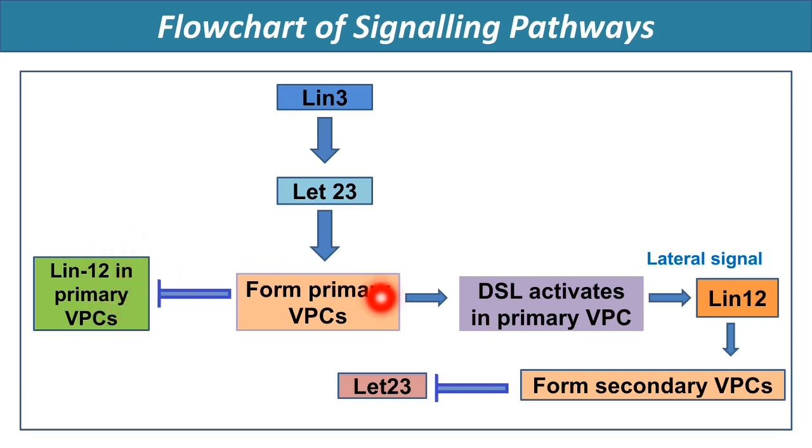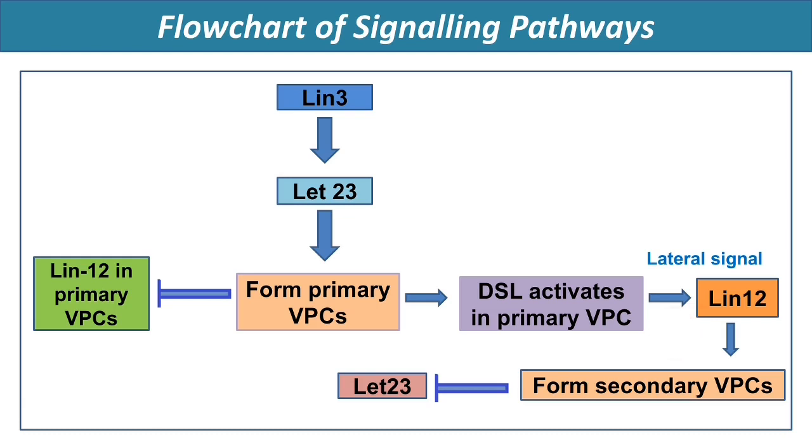Now in the next step, the primary VPC will activate DSL protein, and this DSL protein is going to activate Lin-12 inside the secondary VPCs. Lin-12 is activated by this DSL, acts on P5P and P7P and develops them into secondary VPCs.